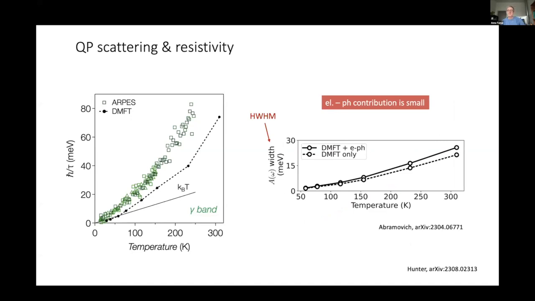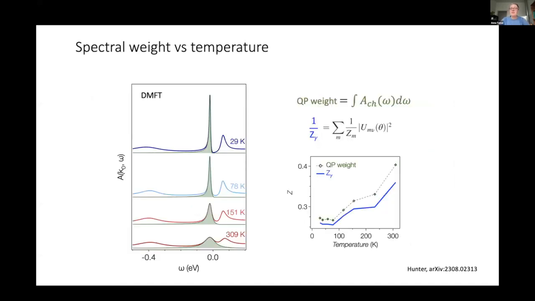Okay, so at this point we were kind of happy because we had some understanding of how Z goes with temperature, but we were still wondering whether there is a fundamental issue between calculating Z from the mass enhancement or extracting Z from the coherent part of the spectrum.